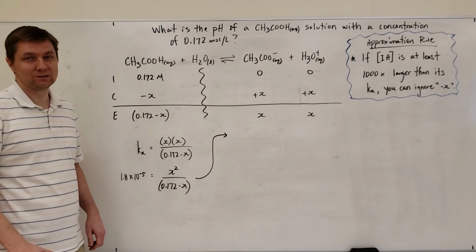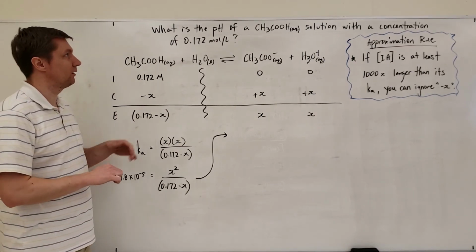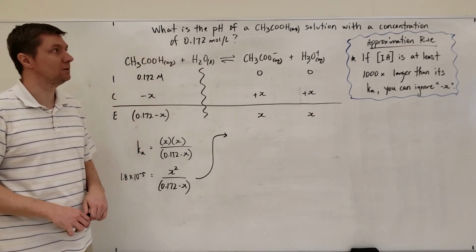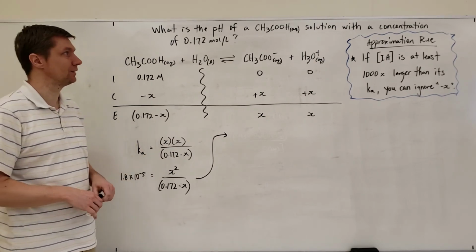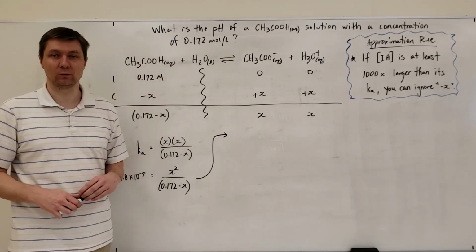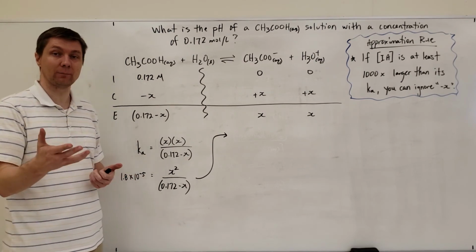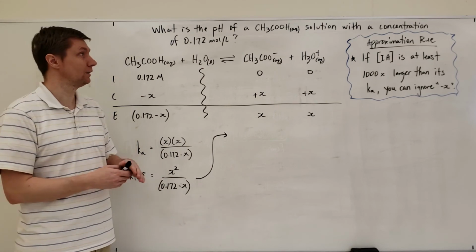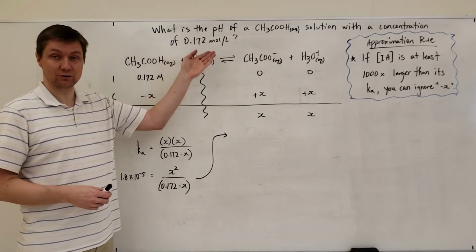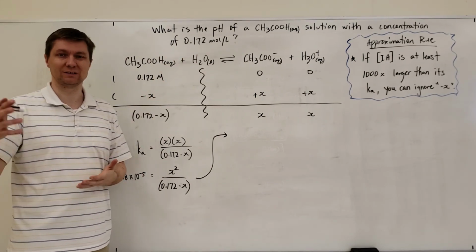Okay, so here's this example that we're going to talk about where I said that we're going to calculate the pH of a vinegar solution, acetic acid, with a concentration of 0.172 moles per liter. Now, if you remember, the concentration of hydrochloric acid with this concentration yielded a pH of 0.7 something.